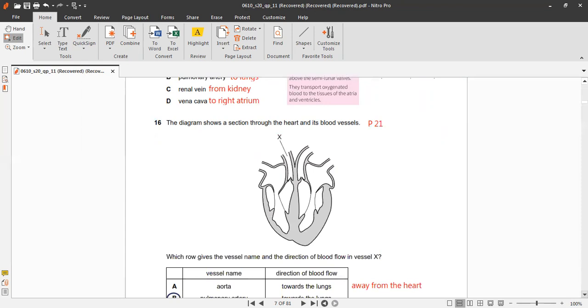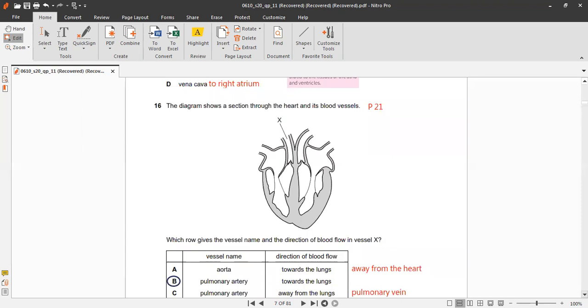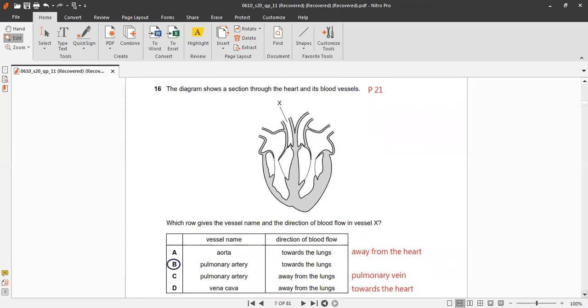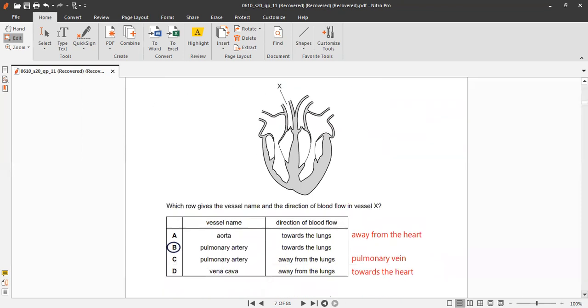The diagram shows a section through the heart and its blood vessels. Which row gives the vessel name and the direction of blood flow in vessel X? Yes, the correct answer is B, pulmonary artery, because the aorta carries blood away from the heart, not towards the lung.